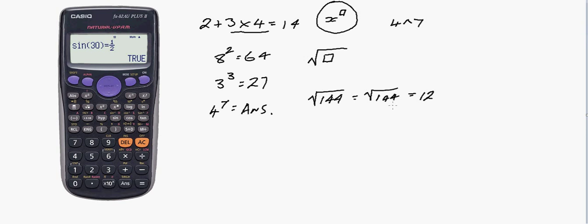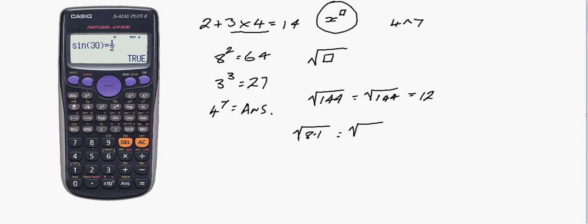Okay, so if I wanted the root, say, of 8.1, I have no idea what that is. I know it's 2 and a bit, but that's about it. So I press root and you'll get the root sign, and it will flash in here asking you the root of what.